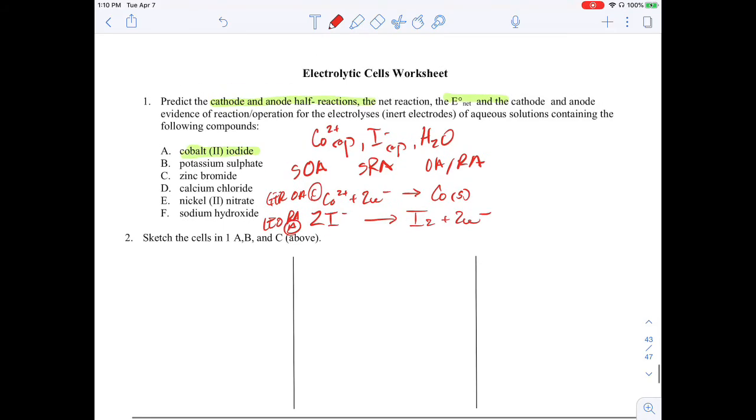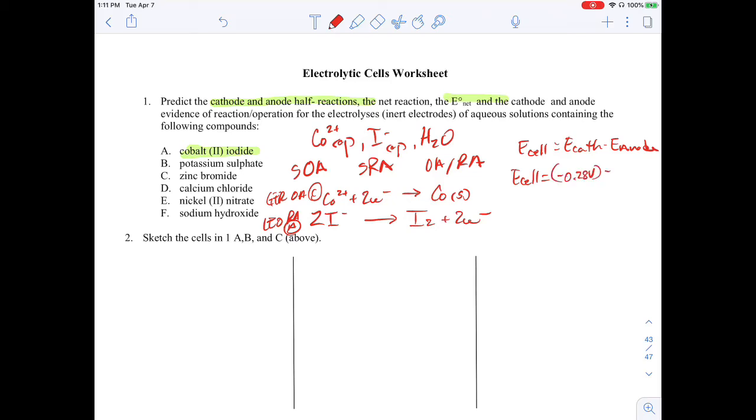The E cell is still going to be E cathode minus E anode. But here now, I'm going to get a negative value. If I look off the data booklet, my cobalt half reaction is negative 0.28 volts. That's my cathode.